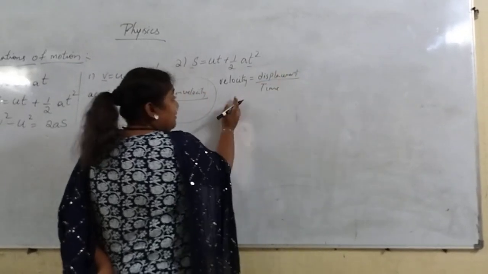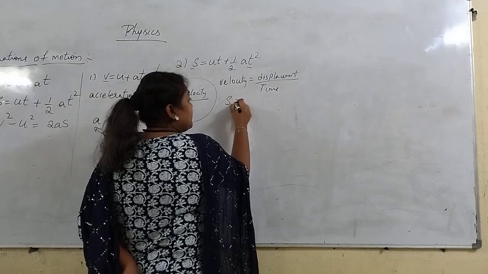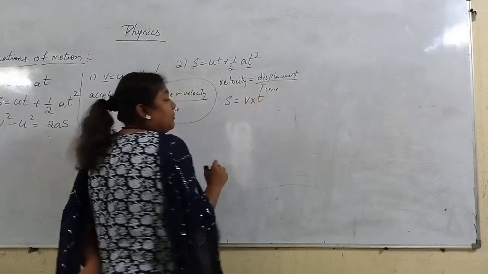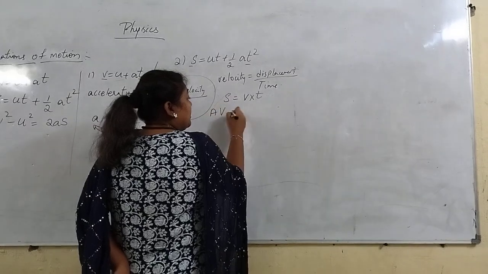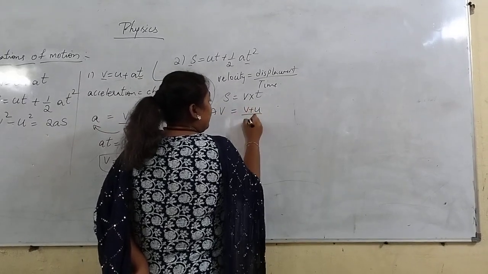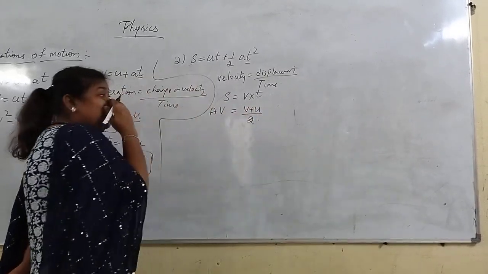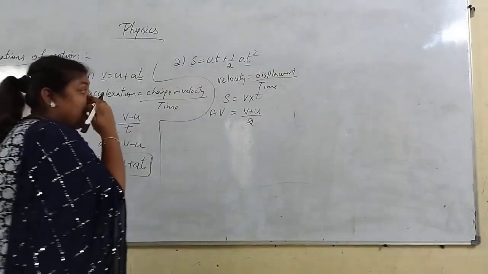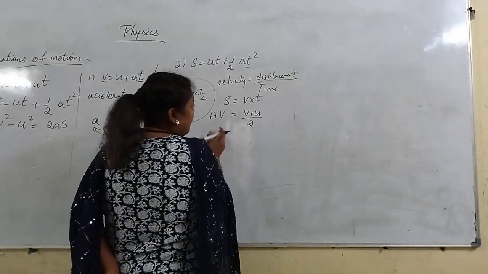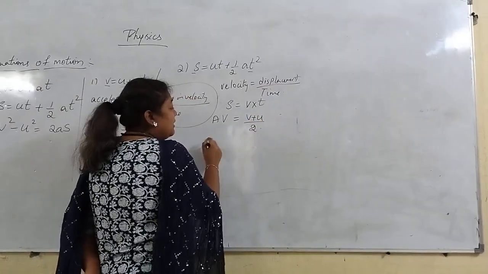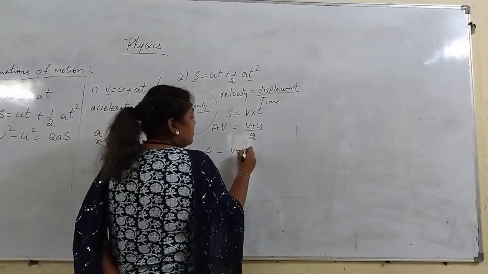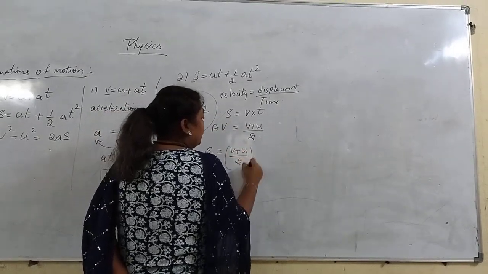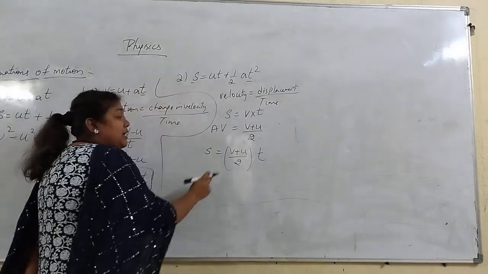From this formula we can write displacement s equals velocity into time, and we also know that average velocity equals v plus u by 2. So from this, s equals v plus u by 2 into t.